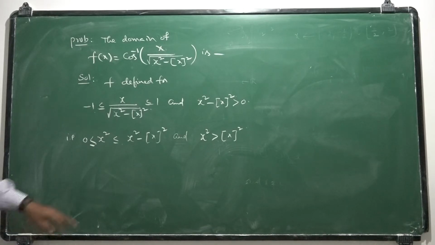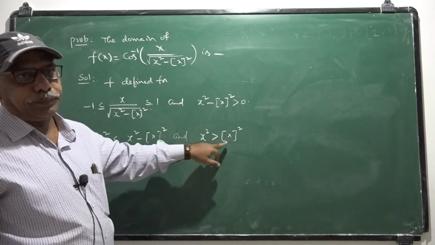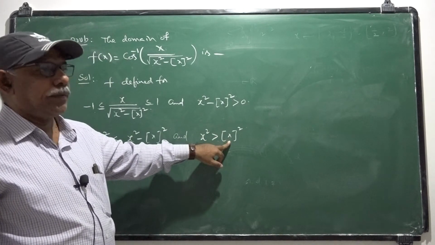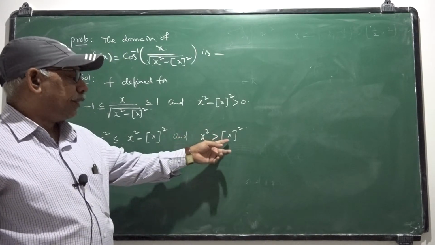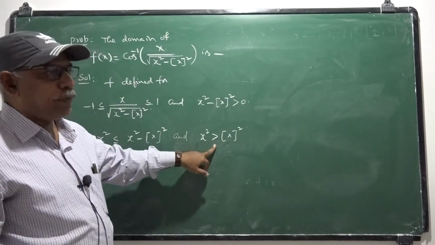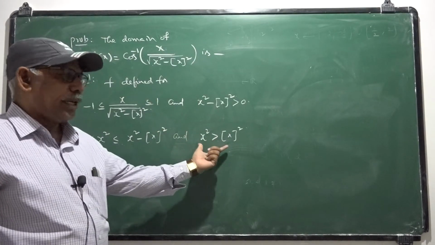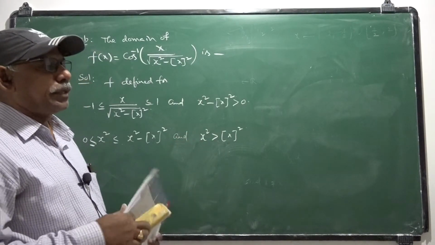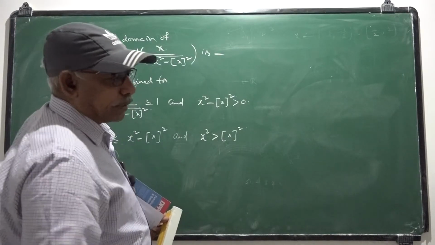Once x is an integer, these two are equal. Because once x is an integer, suppose x equal to k, an integer, this is k square, this is also k square. So in such case they are equal. But the inequality follows in case x is not an integer. That is clear enough here. x square is more than step x square whenever x is not an integer.